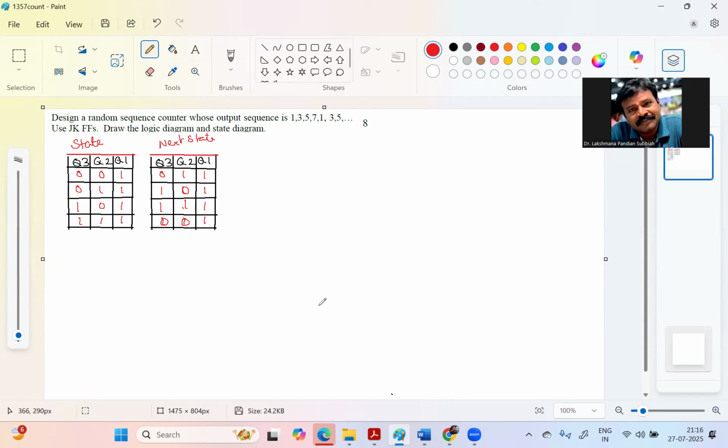We are going to have 7 to 1. So that is the state diagram.